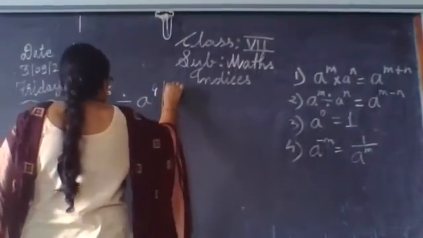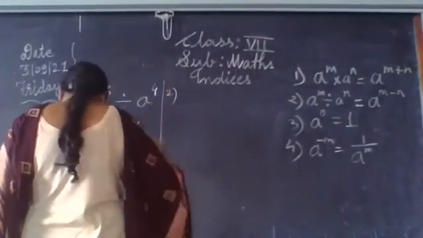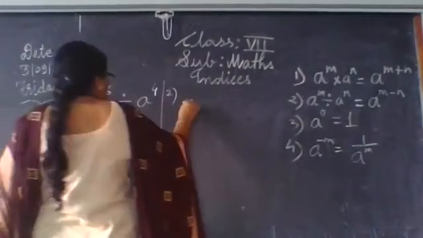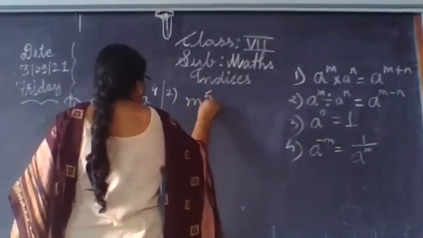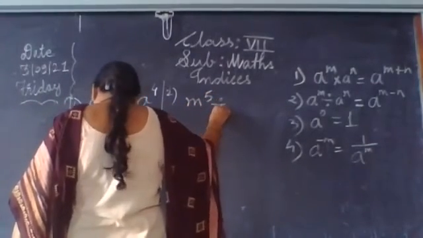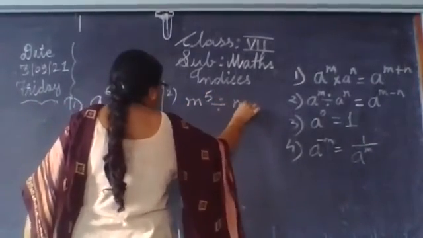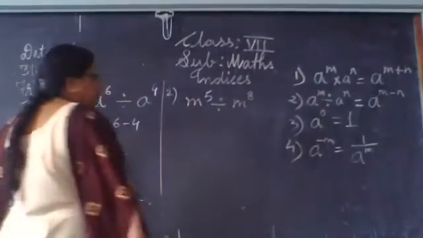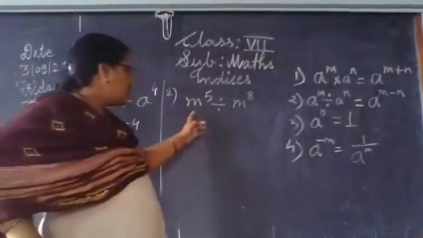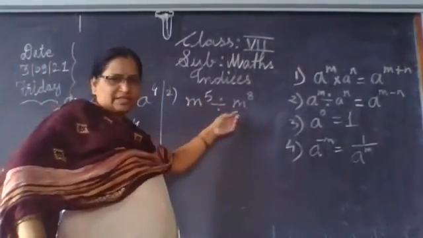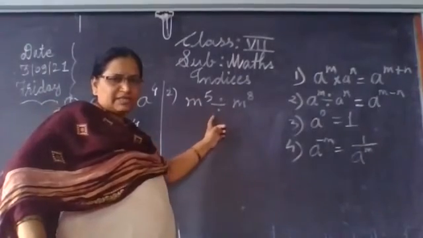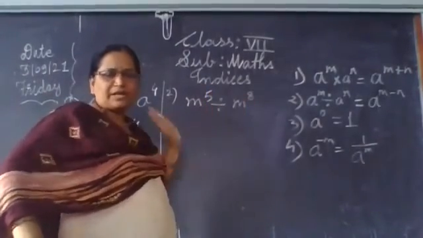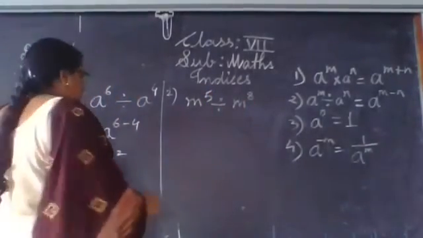Second, m raised to the power 5 divided by m raised to the power 8. Again, see children, check the bases. Yes, they are same. Division is there. That means you have to subtract the powers.